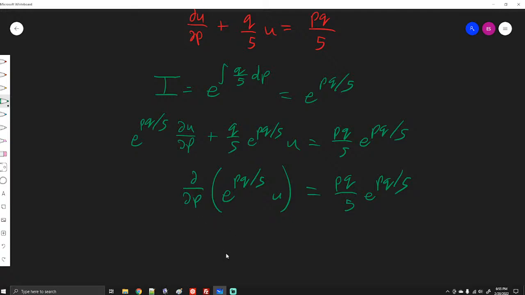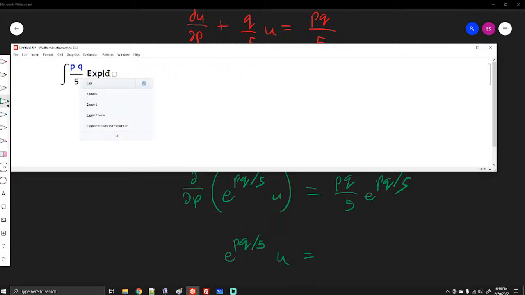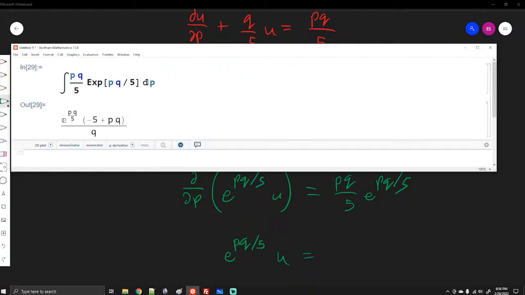So on the left side, I have e to the pq over 5 times u equals, so now I have to integrate the right side here with respect to p, treating q as a constant. So I'm going to use Mathematica for that really quickly. Let's see what it says. So the integral of pq over 5 e to the pq over 5 dp. Alright, so that's the answer.